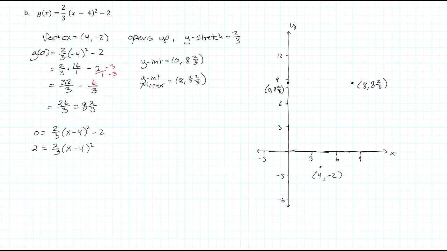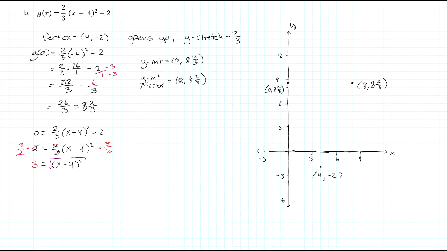Now we could do this in a couple of steps, but it's really nice to multiply both sides by 3/2 to clear that fraction. When I do this, the 3's will cancel and the 2's will cancel. And then on the other side, the 2's will cancel as well. So we'll get 3 equals x minus 4 quantity squared. This one's still not great, but it's a little nicer than the last one. At least I don't have fractions.